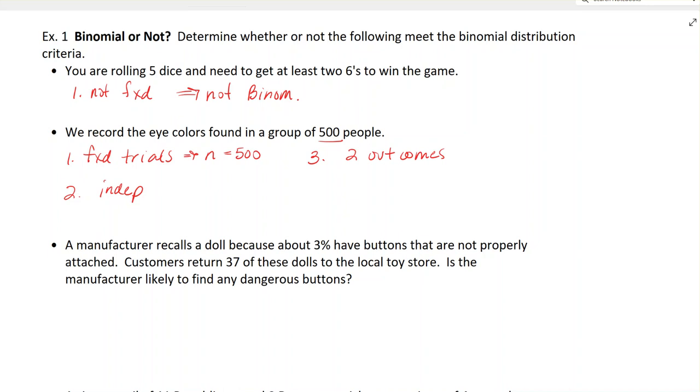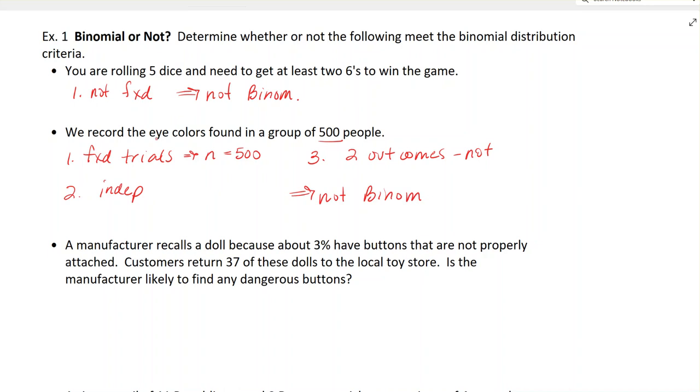If you look at the sentence, we record the eye colors found in a group of 500 people. Well, there are 4 or 5, depending on how you count it, eye colors. So there are not two outcomes. So therefore, this is not a binomial distribution.